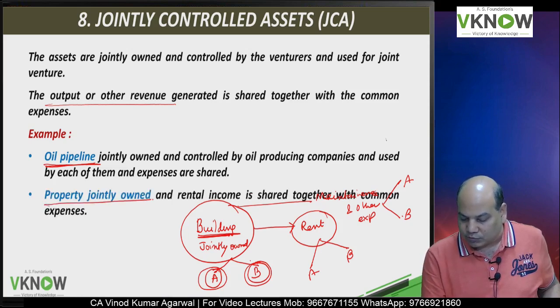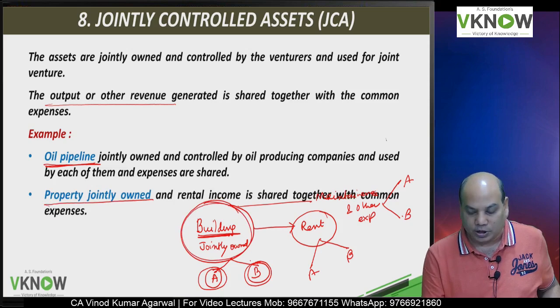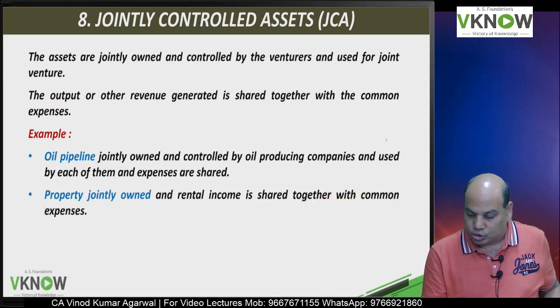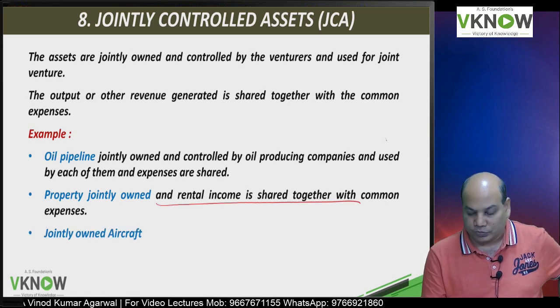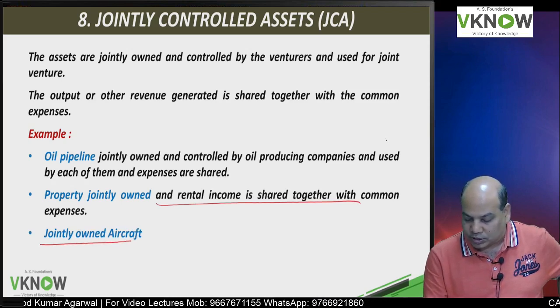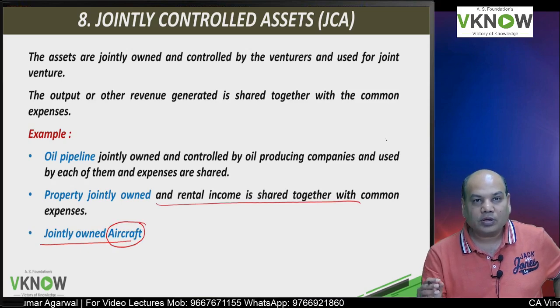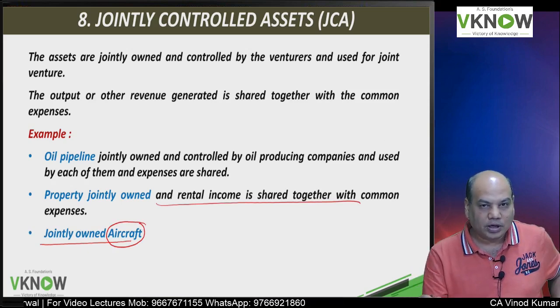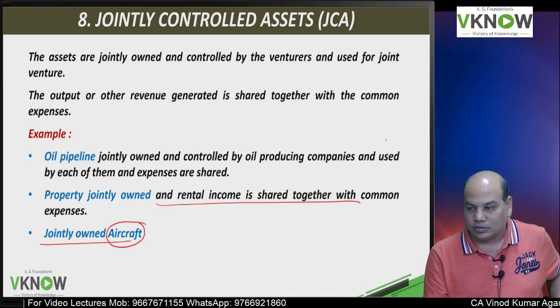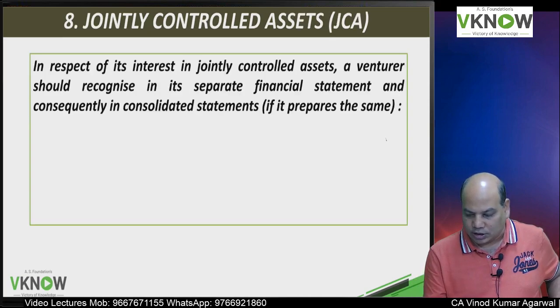As I gave you one example of a building or a property which is owned jointly by two or more parties and they share the income. Then two or more companies can jointly own aircraft also. Instead of each company investing a big amount on aircraft, they can jointly own the aircraft.